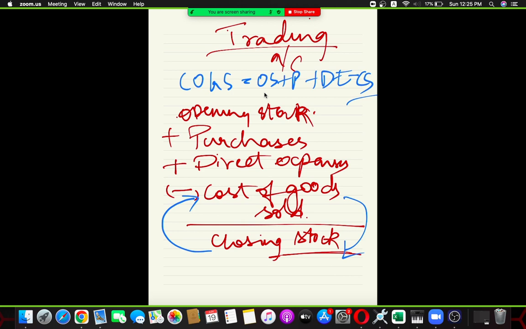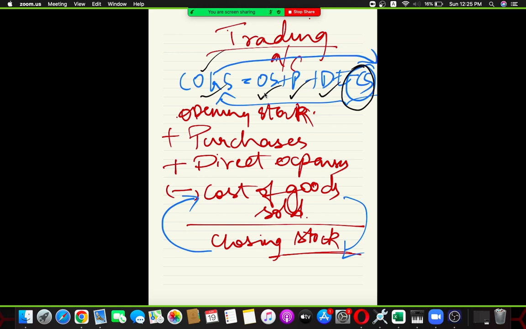If I put the closing stock on the other side, obviously it will change its sign, right? That is what I have done. I have taken this closing stock from here and put it on the left hand side, and I took the COGS and put it on the right hand side. If in the question all this information is provided, don't worry, just use the COGS formula to find the closing stock.